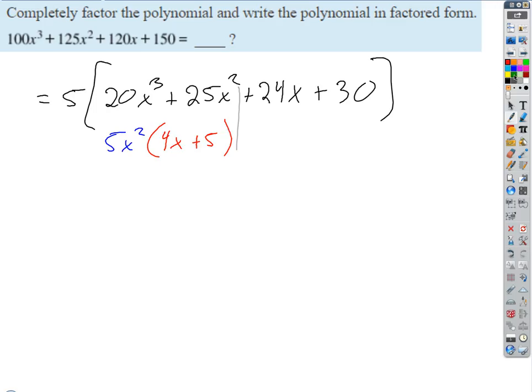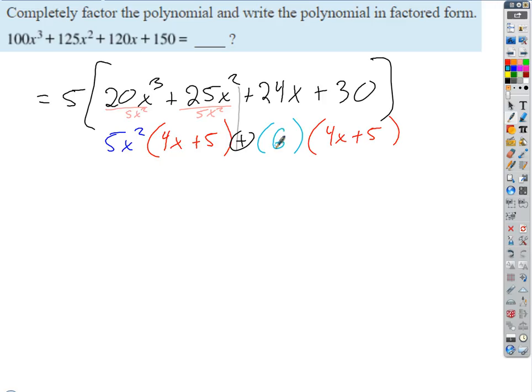Oh, good. Right, in both cases, I'm just dividing this by 5x squared. Okay, and then on the other side, we know that we're going to have the same leftover, right, if it's going to work. So what's my leftover going to have to be? What times 4x is 24x?